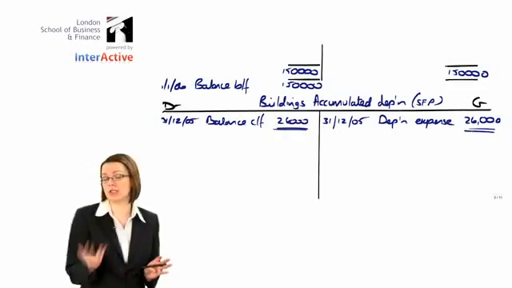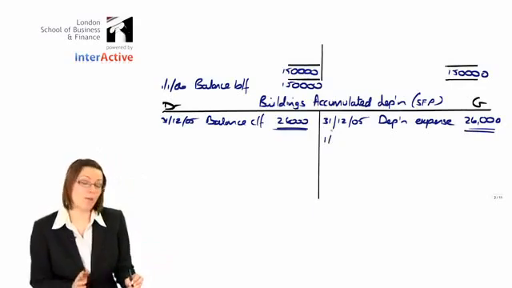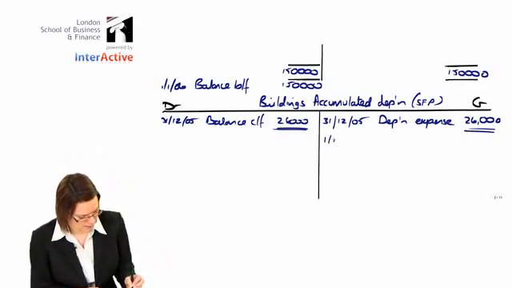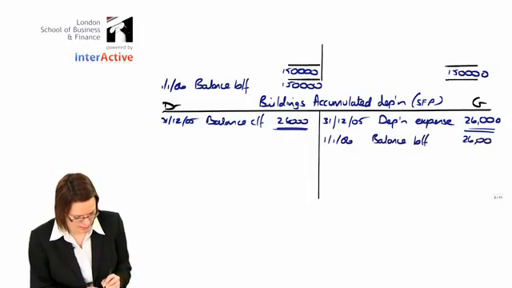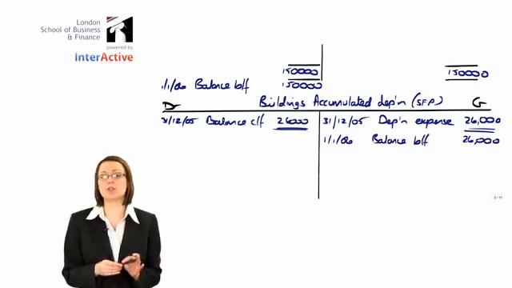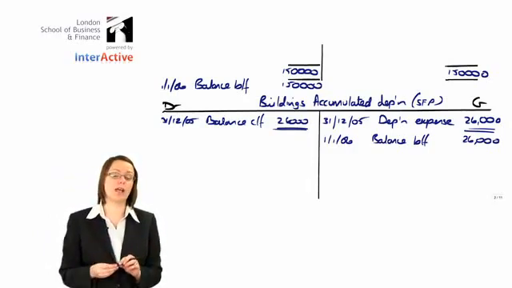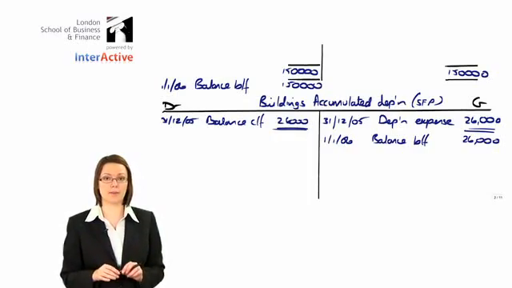No need to do a total because there's only one figure in that account. And then we're going to open that up onto the credit side, 1st of January 06. Balance brought forward 26,000. And there you have it. That's how you would post from your workings into your ledger accounts.